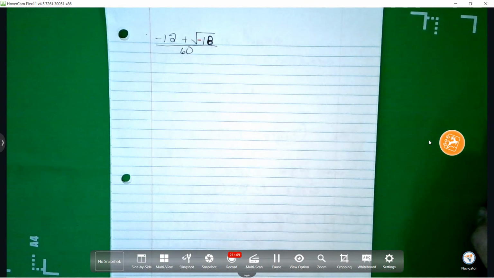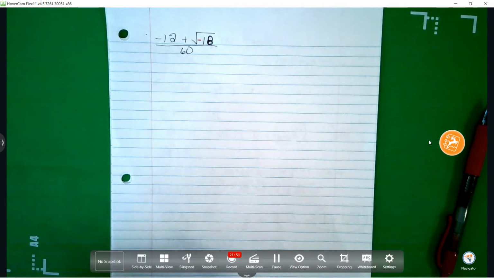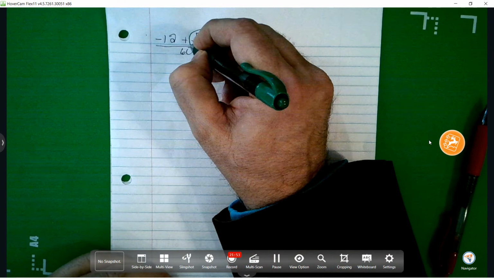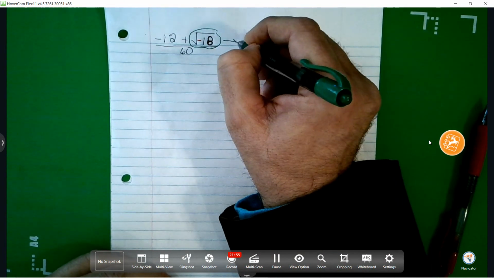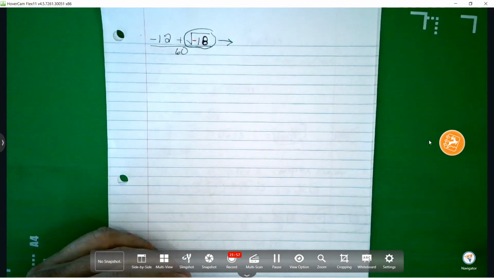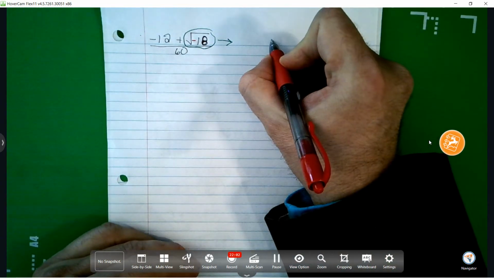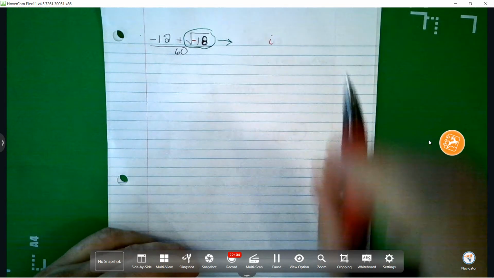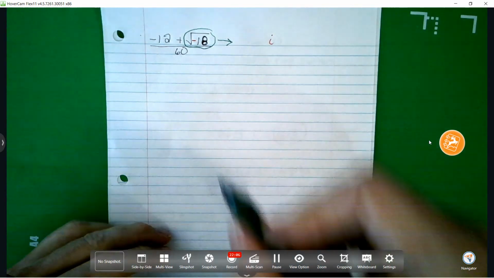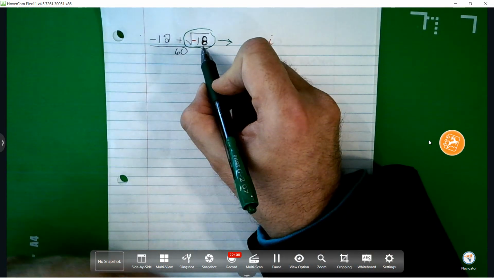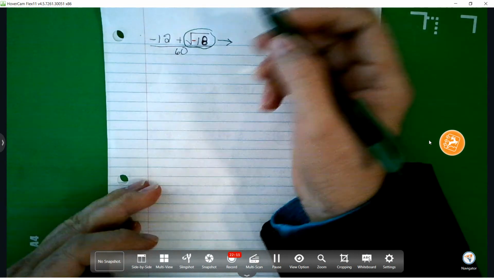Okay, we'll simplify the square root of negative 18. Always stick the i out first, so I don't forget it. Square root of a negative is an imaginary. And here, what perfect square divides evenly into 18: 4, 9, 16, 25?